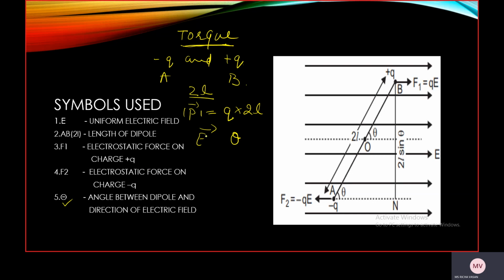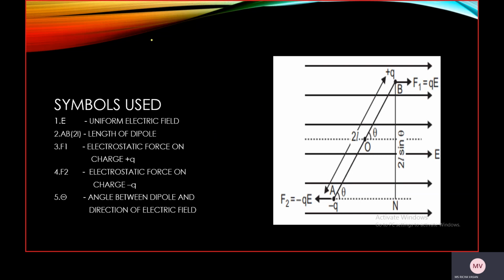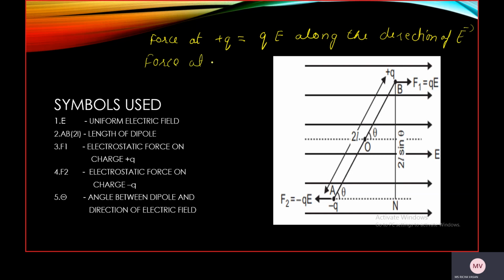Now the forces which are acting on the dipole will be: force at plus q will be equal to qE, which will be along the direction of the electric field, and force at minus q will be equal to minus qE, in a direction opposite to the electric field.